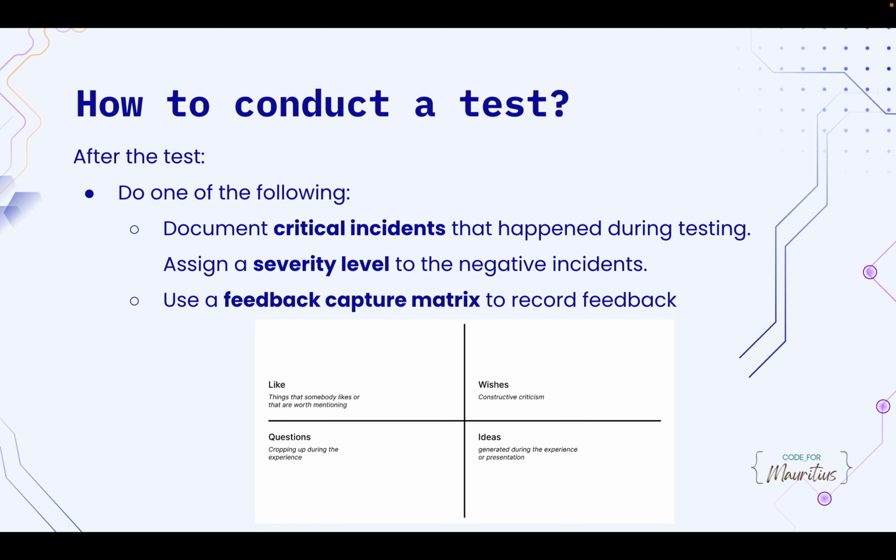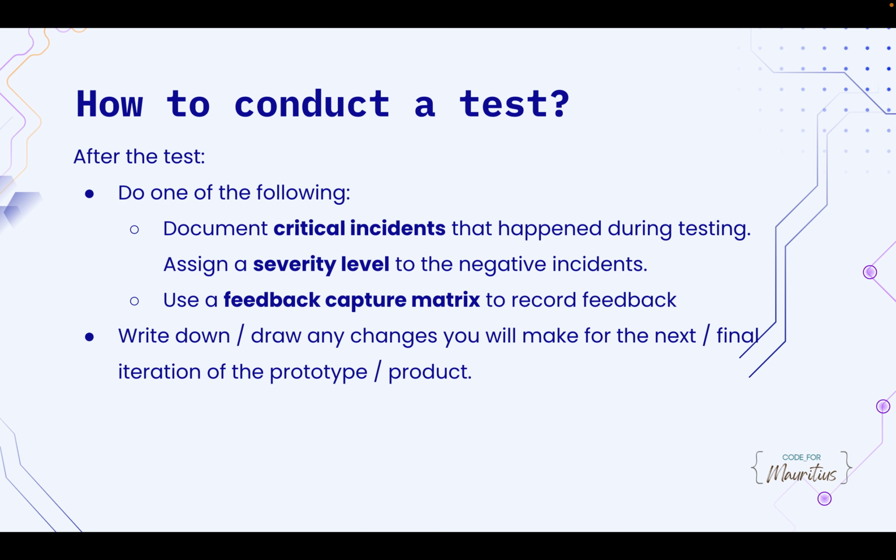So it's pretty much any type of ideas you gain from the testing session. And make sure to write down and draw any changes that you will make for the final iteration of a product or prototype.